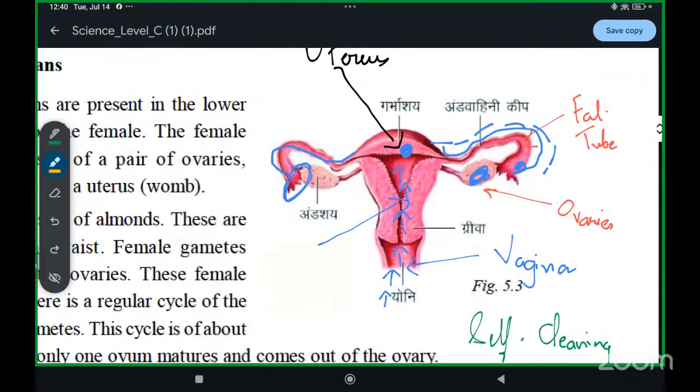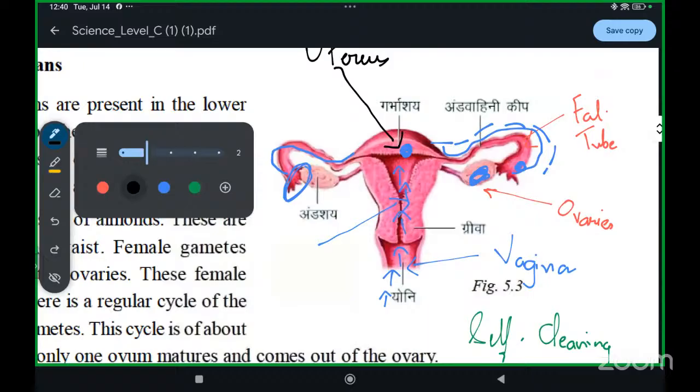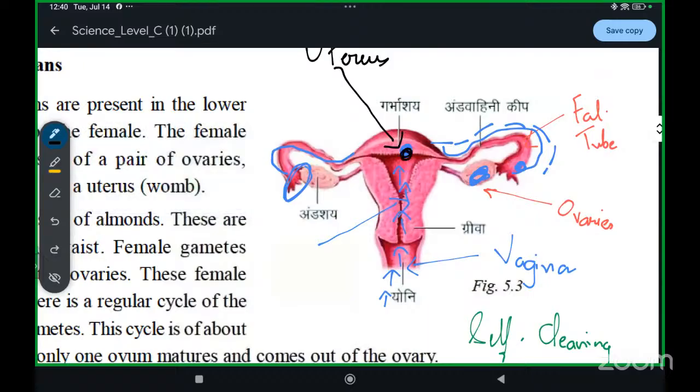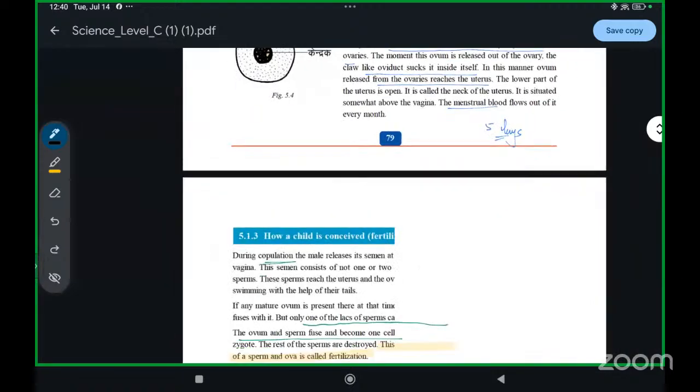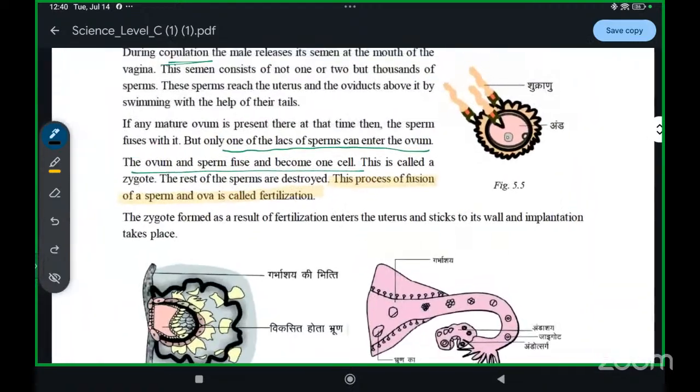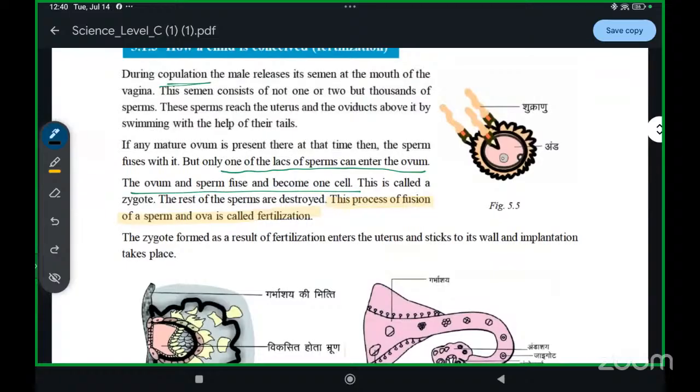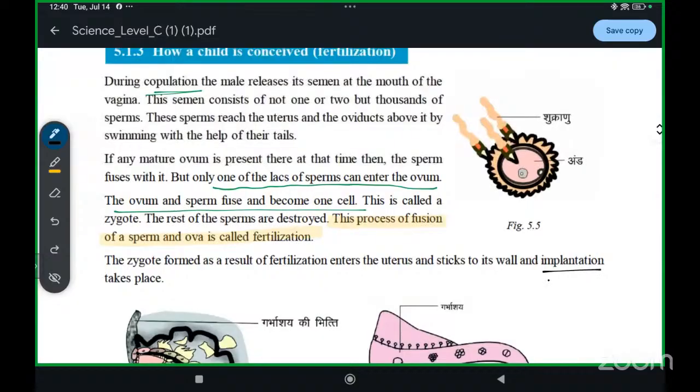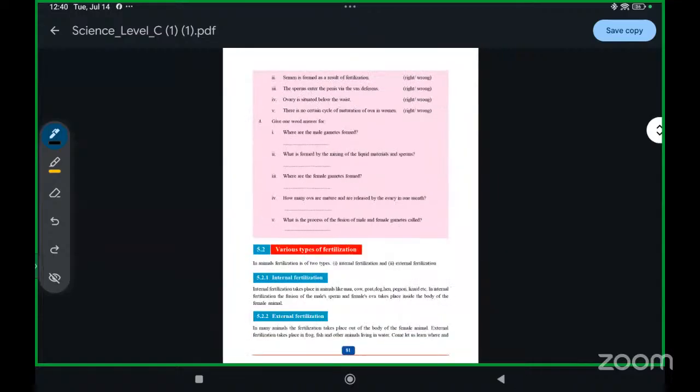The zygote attaching itself to the wall of the uterus is known as implantation. First we have fertilization, then zygote formation, then implantation.